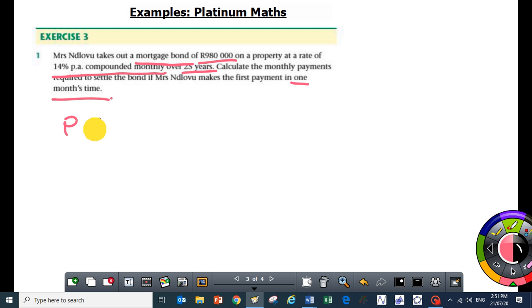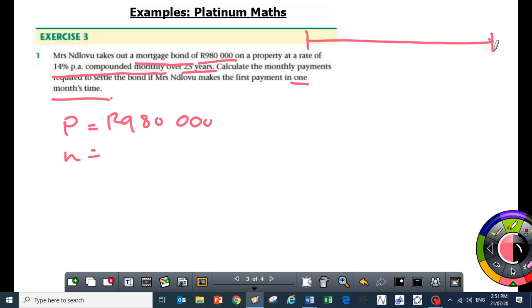So we write out whatever we are given there, that's 980,000. The number of payments, the timeline for this looks like that. So we have T0, 980,000 is given there. It's 25 years, and the interest is compounded monthly, so 12 times 25, that's 300. So that's up to 300. The first payment is made here at T1.